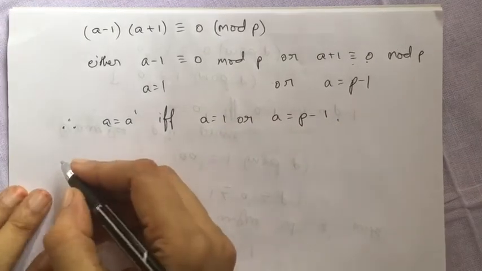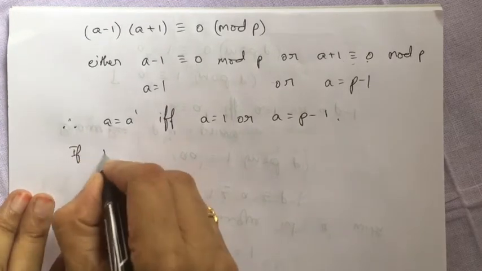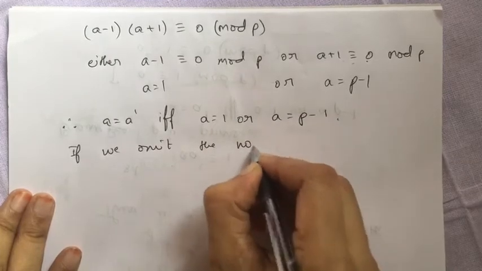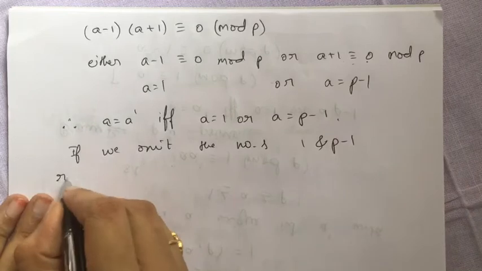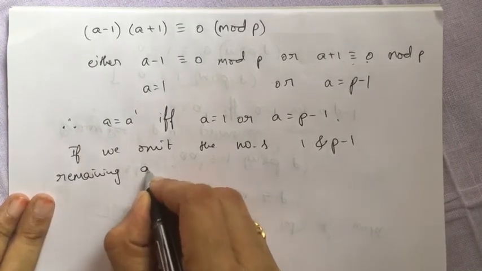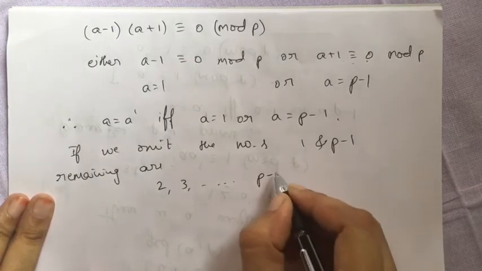The remaining set of possible solutions are 2, 3 up to p minus 2.